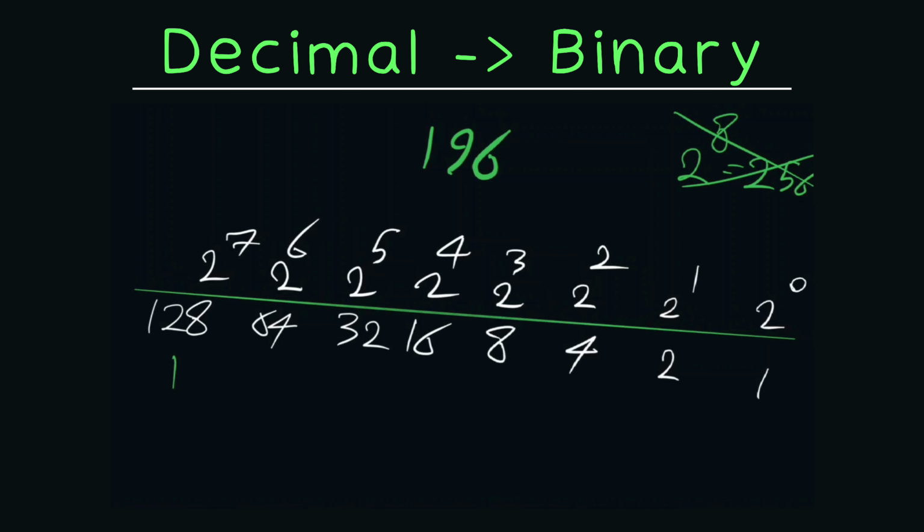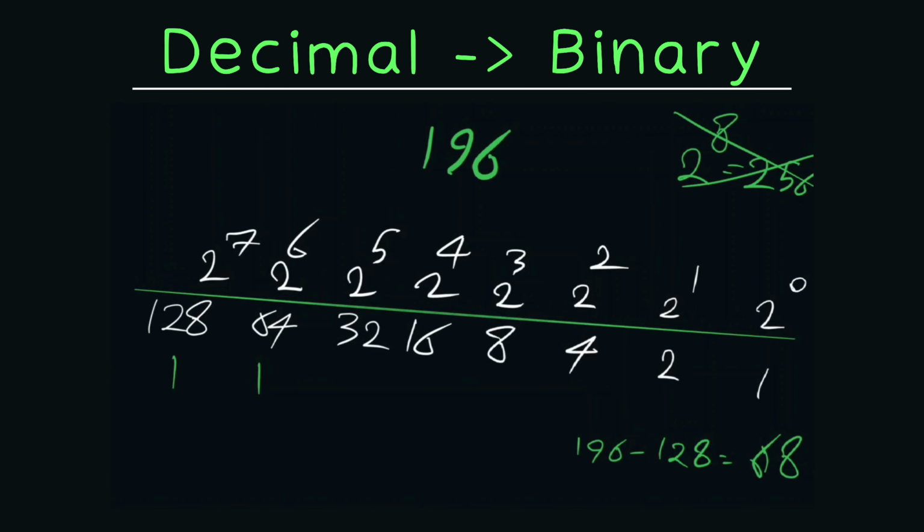Okay, now we have to do 196 minus 128. This time we're going to have 68 left. That is ugly 6, okay, don't mind me. 68. The biggest we can have is 64 in there. Okay? We have two ones next to each other this time.